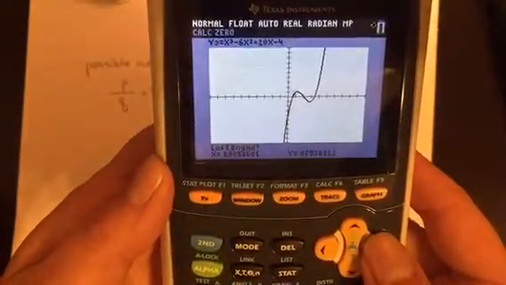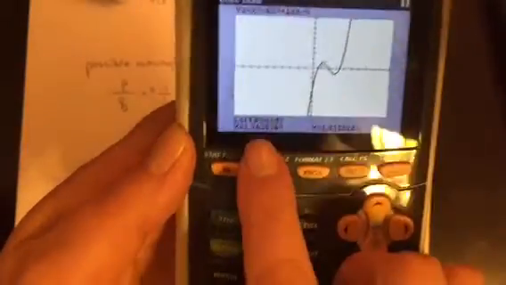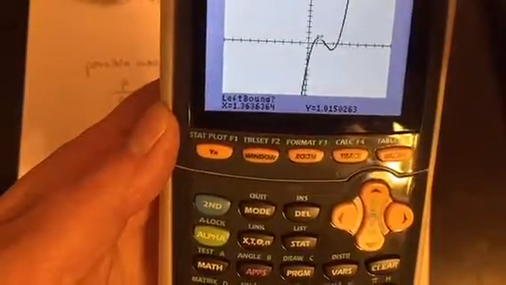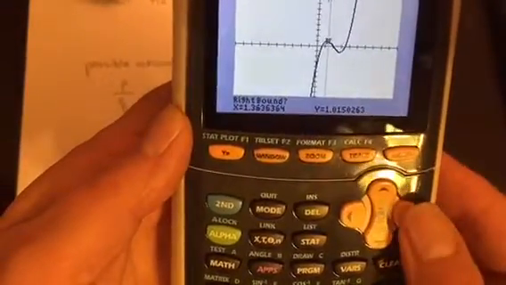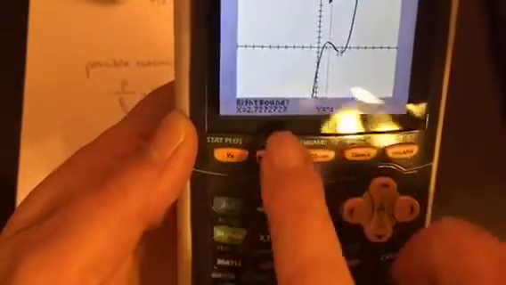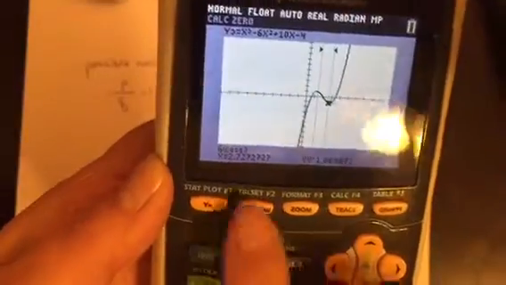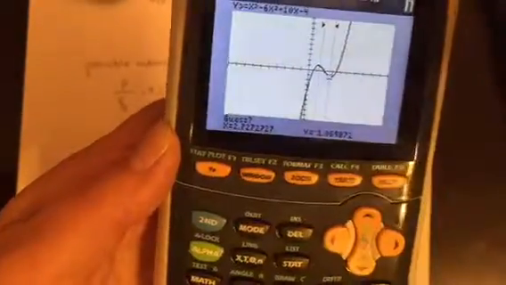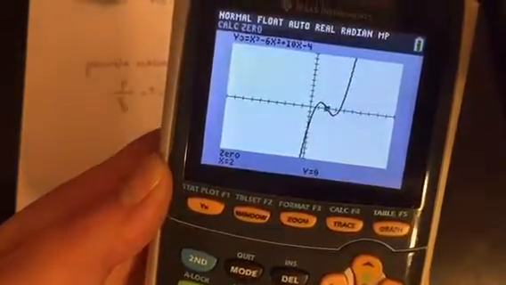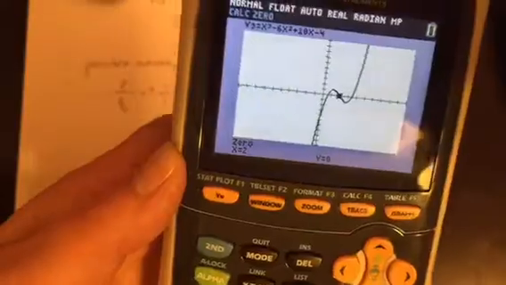And I'm going to go ahead and find the left bound and the right bound. See where it says left bound right here? I press enter on the left hand side of where that intercept is, and then it asks me for the right bound, so I'm going to press enter again, and then it says guess. Well, we don't actually have to guess, it'll do it for us, so we're just going to press enter again, and it shows us that that value is +2.